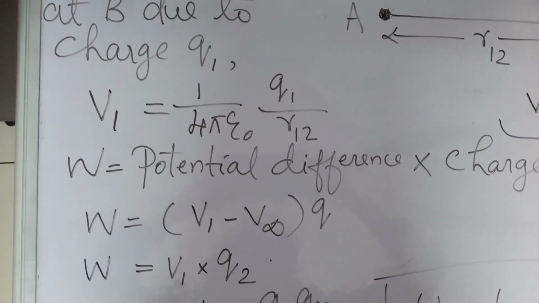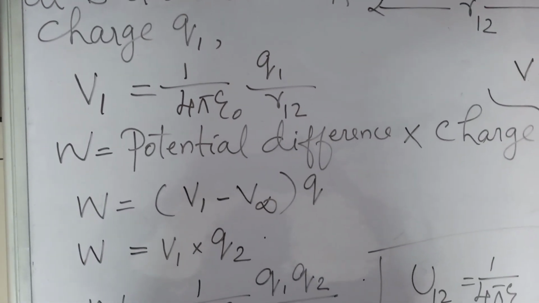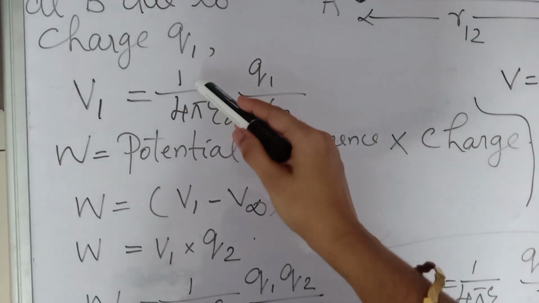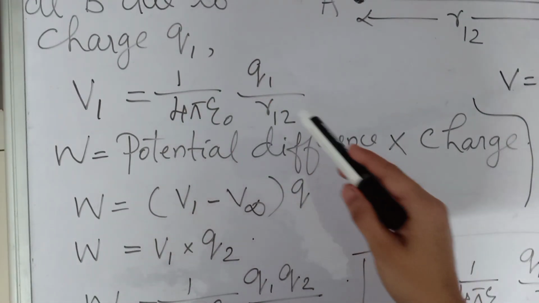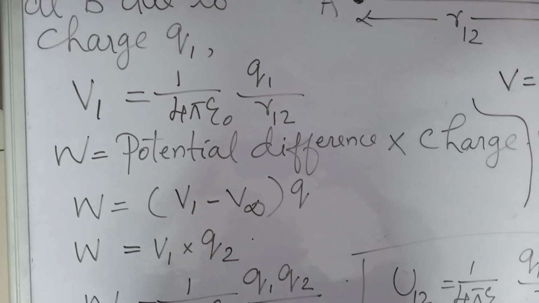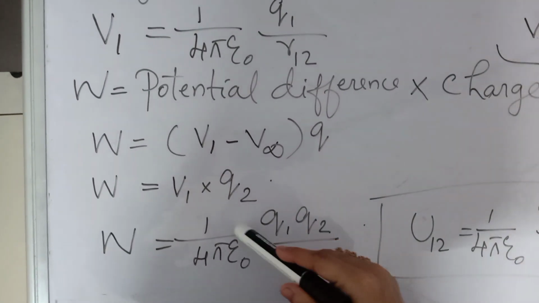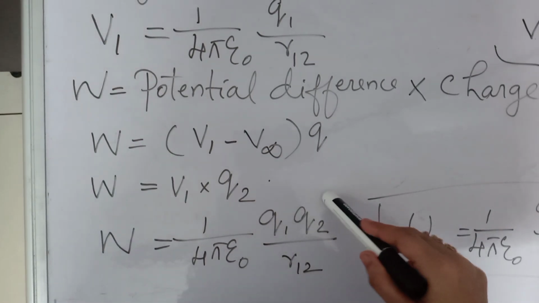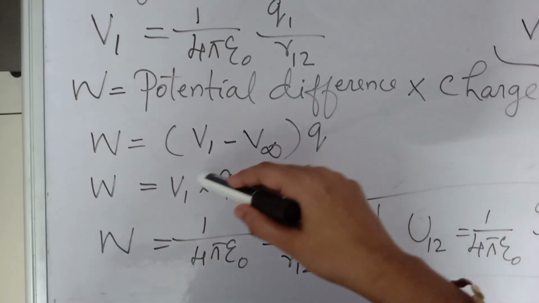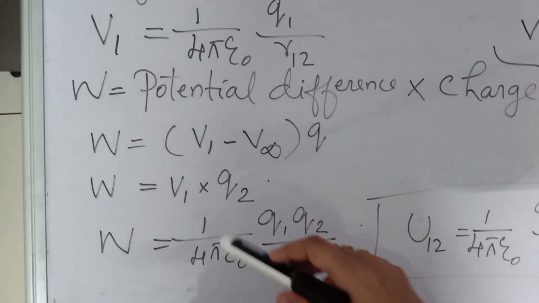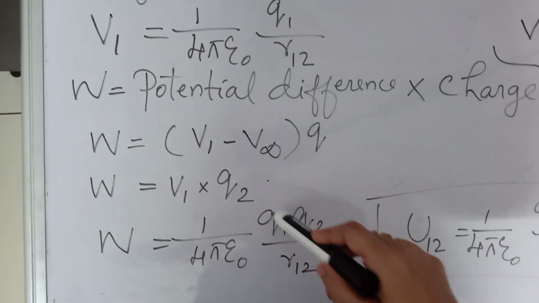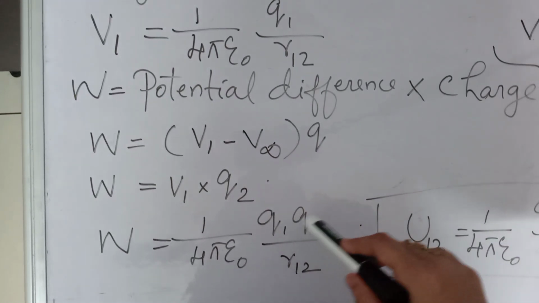V1 value we have already found, V1 is equal to 1 by 4 pi epsilon 0 Q1 by R12, into Q2. So the equation will be 1 by 4 pi epsilon 0 Q1 Q2 divided by R12.